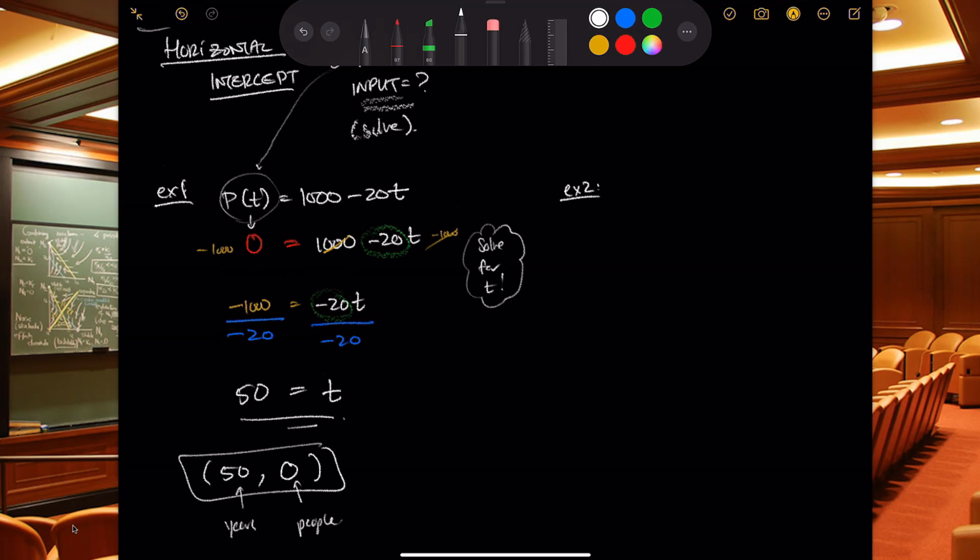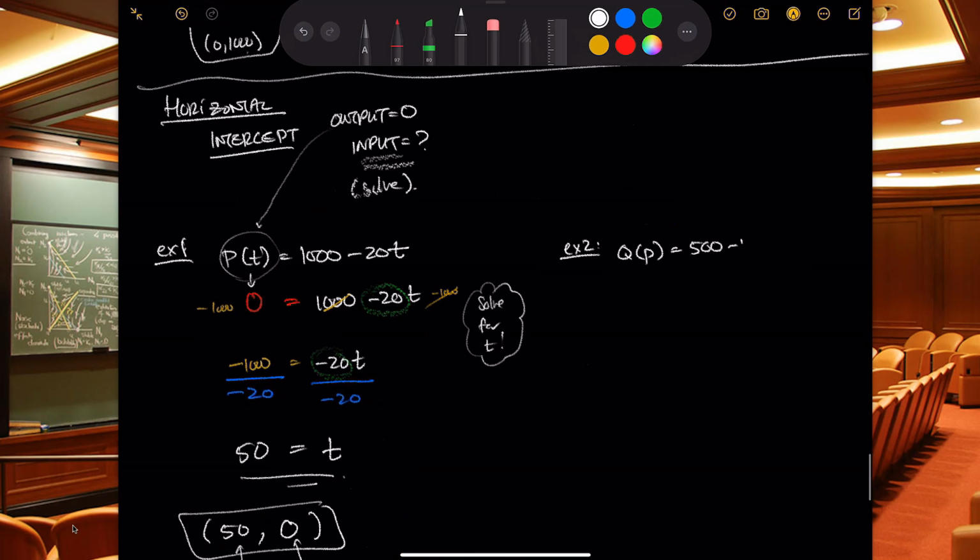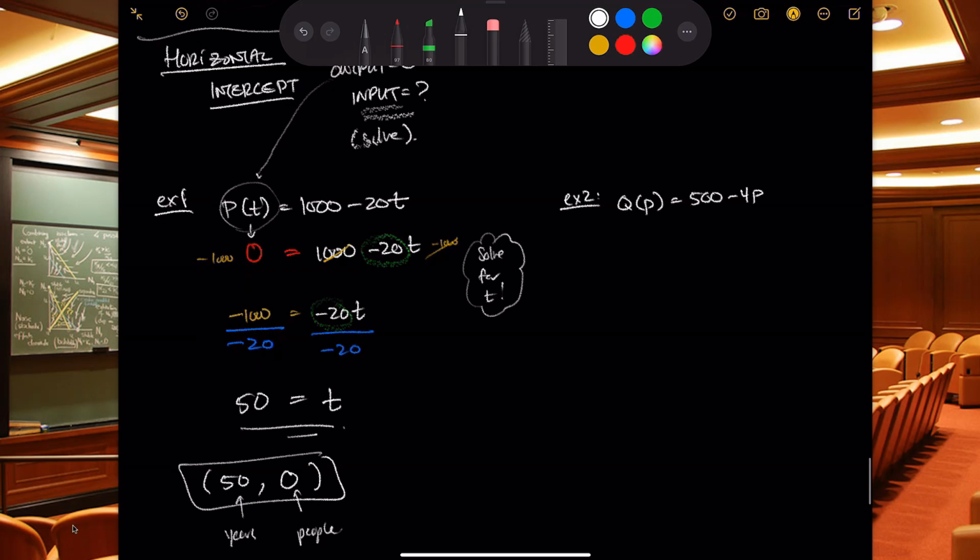So we might have a sense of what this means already, but let's peek back to example 2. Q of P was 500 minus 4P. So when the output is 0, we want to know what is the P value. So again, we're going to solve for P by subtracting 500 from both sides. We get negative 500 equals a whole negative 4P.